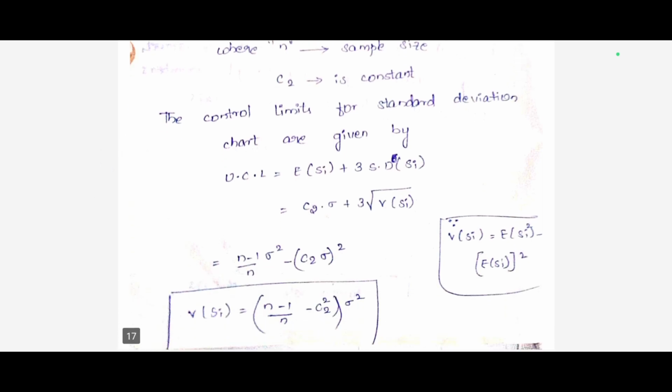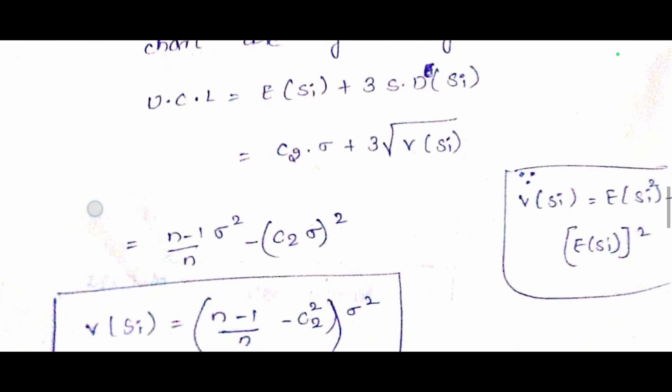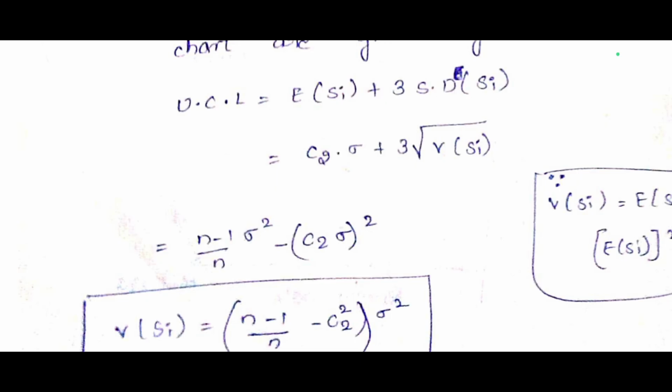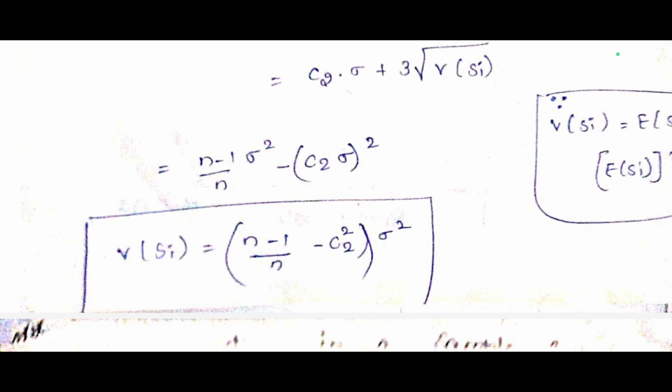If you use the variance of Si formula in expectations, it is the expected value of Si square minus the expected value of Si whole square. Substitute that value and you get n minus 1 by n sigma square minus C2 square sigma square. So the variance of Si equals n minus 1 divided by n minus C2 square, times sigma square.